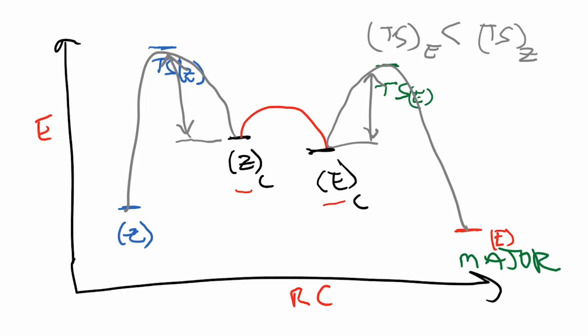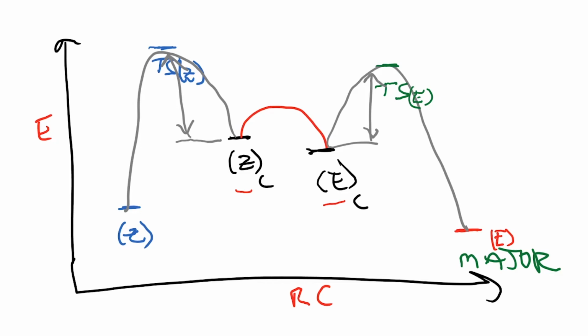Or the way to understand this is that the barrier to the formation of E is substantially lower than the barrier to the formation of the Z product. Okay, so this is something that we may want to look at again. So I'm just going to repeat this part a little bit so that we can understand this a little better.